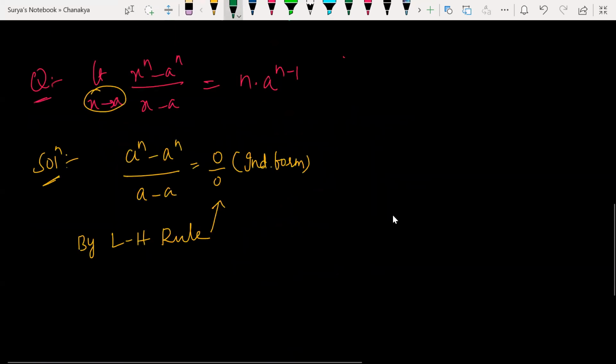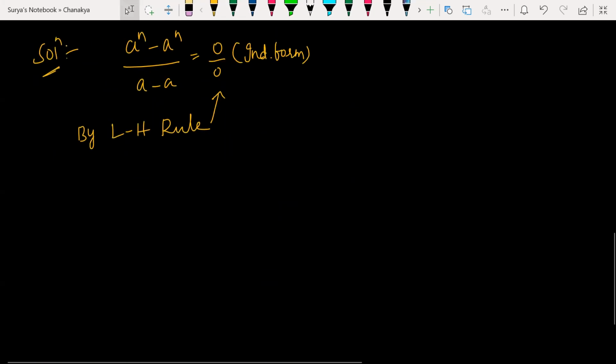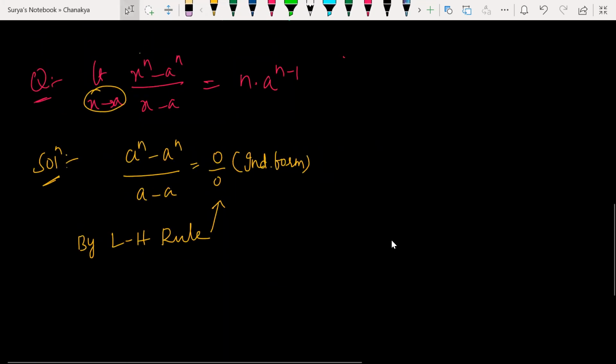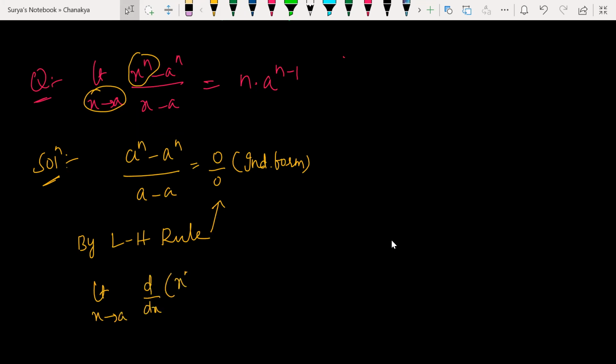Now what I do here is differentiate the numerator. Limit x tends to a, as it is, I'm writing d by dx of x to the power of n minus a to the power of n divided by d by dx of x minus a.